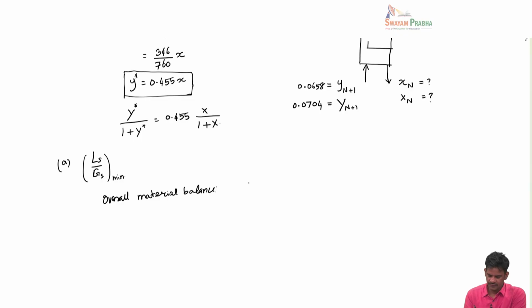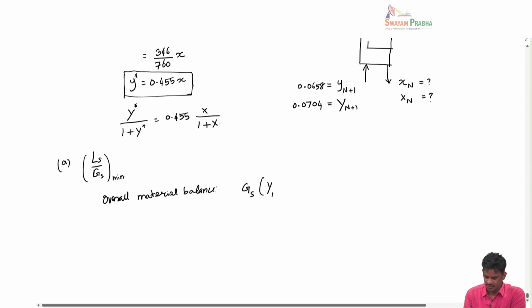When I say overall material balance, what I mean is I am considering all the inlet outlet streams of the entire tower, not really looking at what's happening within the tower. Okay, so you will see that GS times yn plus 1 minus y1 should be equal to LS times xn minus x0.